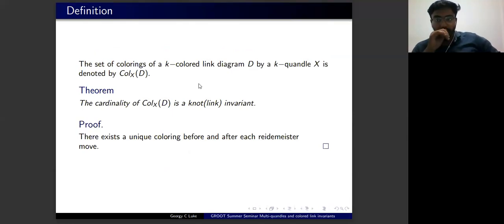So our theorem is similar to all the previous cases. The set of all colorings of a k-colored link diagram D by a k-quandle is in fact a k-colored link invariant.